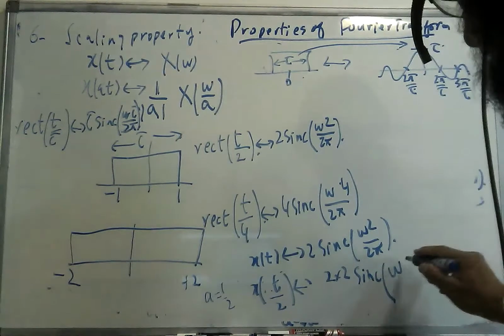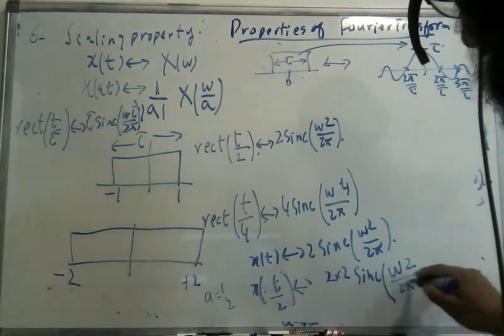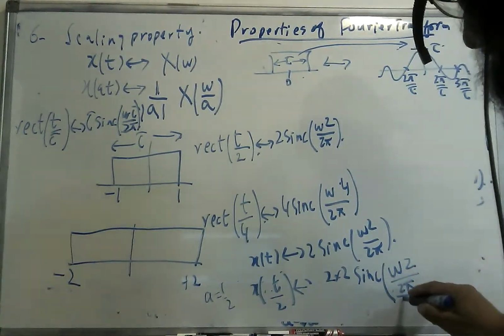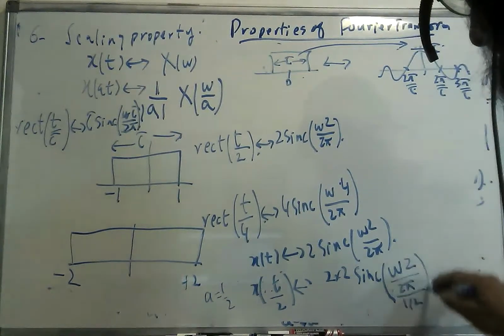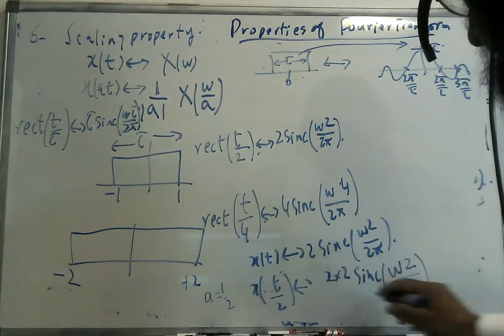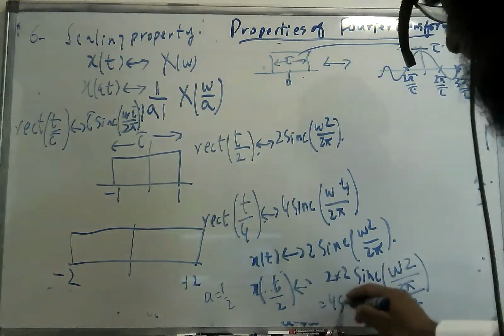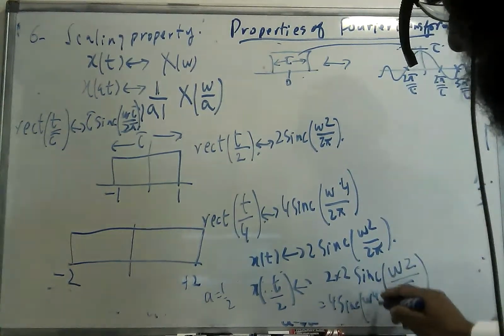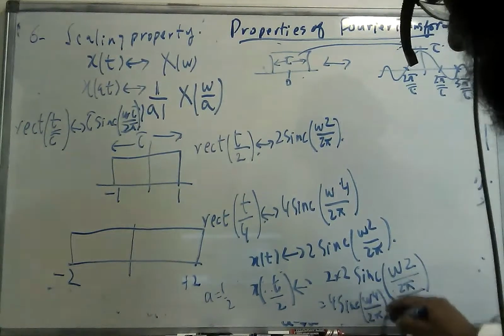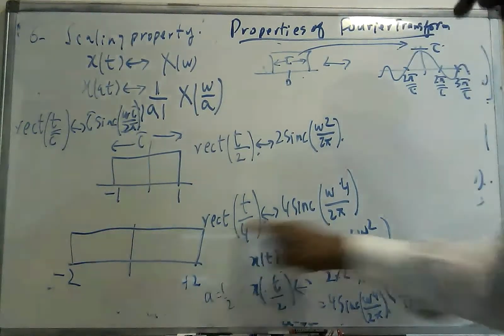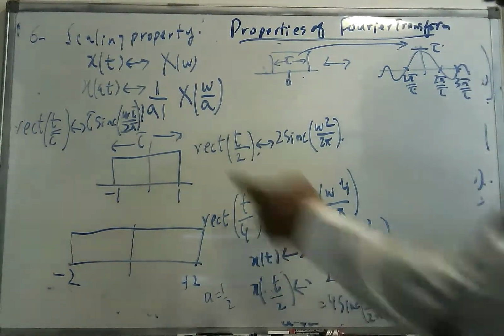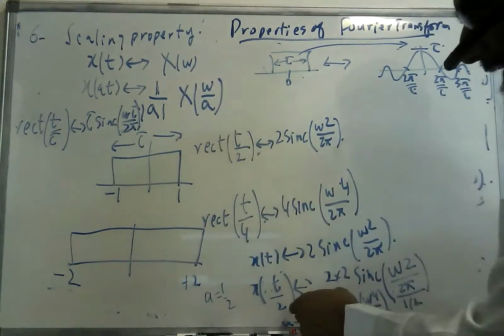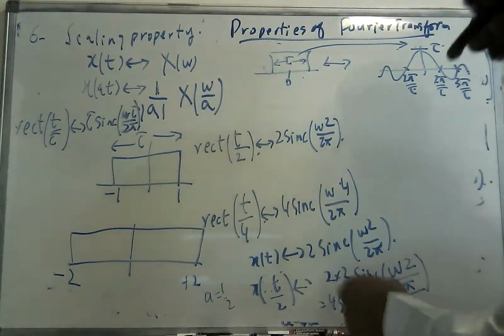So omega 2 divided by 2 pi divided by 1 over 2, right? And the 2 will come here, so it will be 4 sinc of omega 4 divided by 2 pi. So exactly the same as we got from the formula. So we can apply the property, and we get the same result.